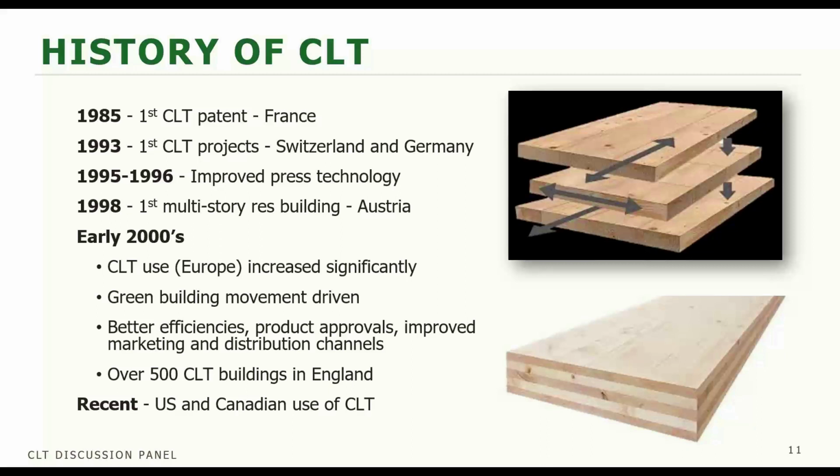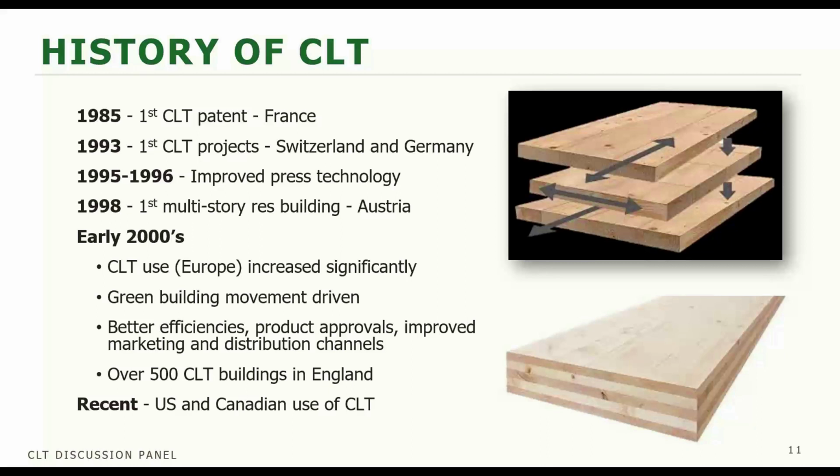The history of CLT goes back into the mid-80s, actually. The first patent for CLT was registered in France in 1985. Throughout the early 90s and into the early part of this century, the CLT technology improved, and we have seen the use of the material throughout Europe increase significantly.